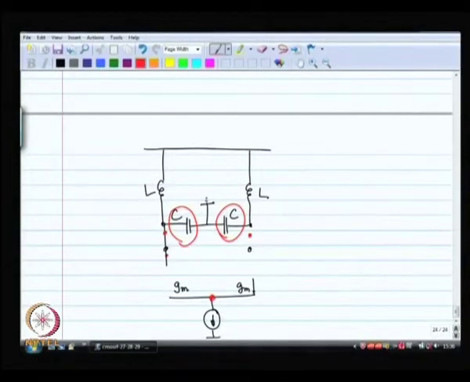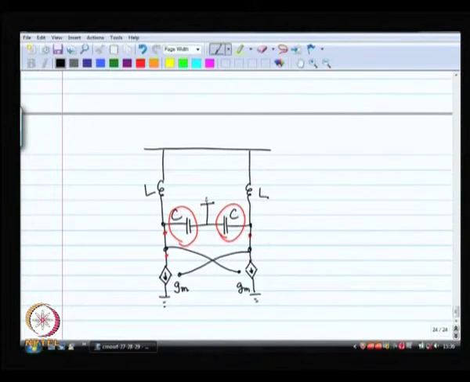So, let us plug in that particular small signal model. Right.